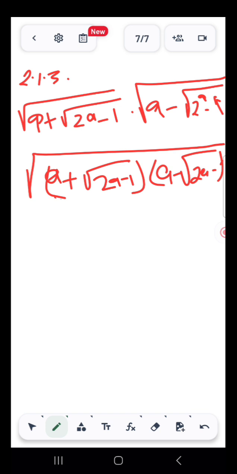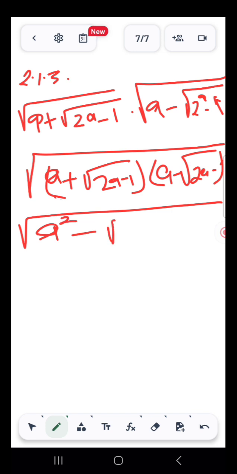So from here, you notice what we have: a plus something, a minus something, sort of like a difference of two squares. So if you take it like a difference of two squares, it means you can take the first terms, whose square is a squared, and then you take minus the last terms squared, which is 2a minus 1 all squared, right?